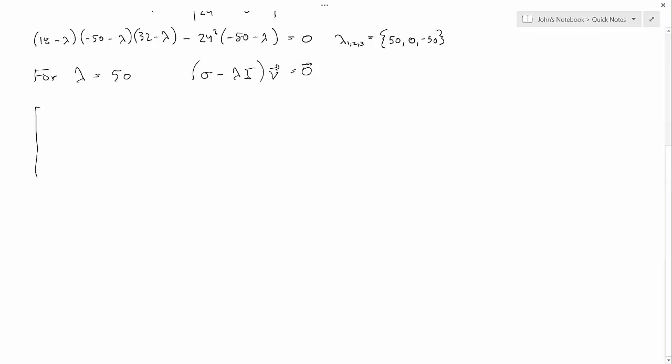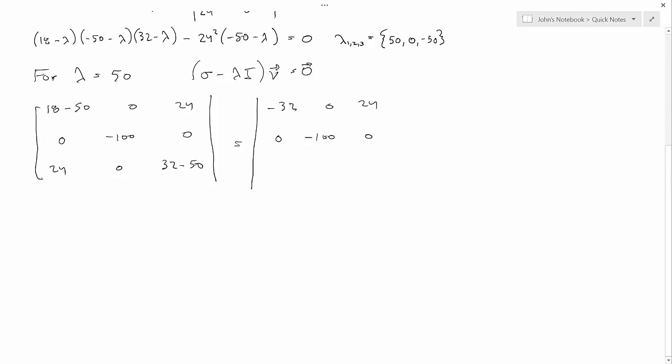So we have 18 minus 50, 0, 24, 0, minus 100, 0, 24, 0, 32 minus 50. That's equal to minus 32, 0, 24, 0, minus 100, 0.